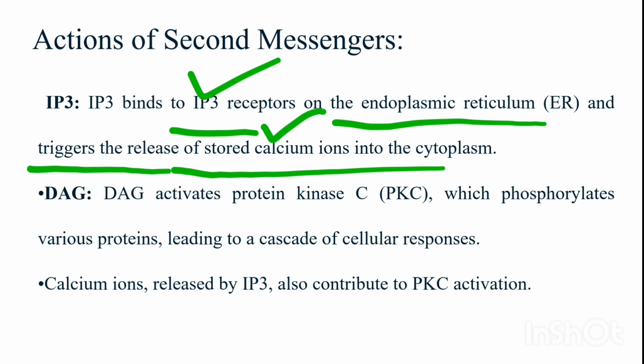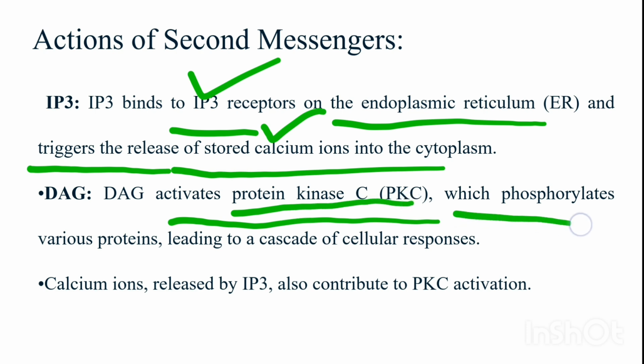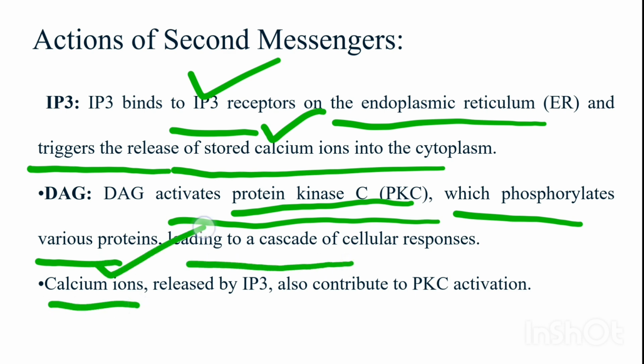Next, what does DAG, or diacylglycerol, do? It activates protein kinase C, or PKC, which phosphorylates various other proteins, leading to a cascade of cellular responses. Calcium ions released by IP3 also contribute to protein kinase C activation.